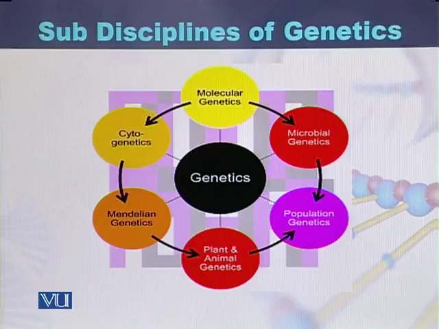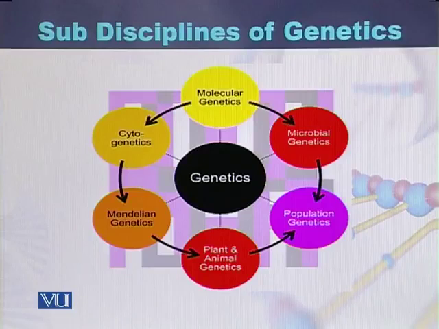Plant and animal genetics: if we study the genetics of the plants or the genetics of the animals, then this subcategory of genetics is called plant and animal genetics. While in population genetics, if we study the genetics of a specific population or the people present in a particular area, then this type of genetics is called population genetics.